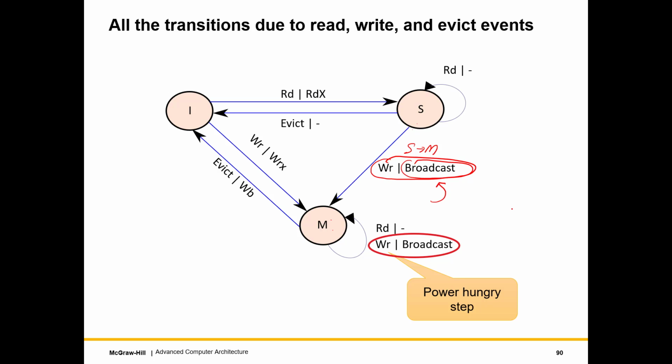And not just that, whenever a cache sees a broadcast on the bus, it needs to locally query itself and find if it has a copy of the block or not. If it does, it needs to update it. So that is also another source of overhead, both the broadcast as well as the fact that all the caches internally have to check. And this overhead is clearly avoidable, as we shall see later.